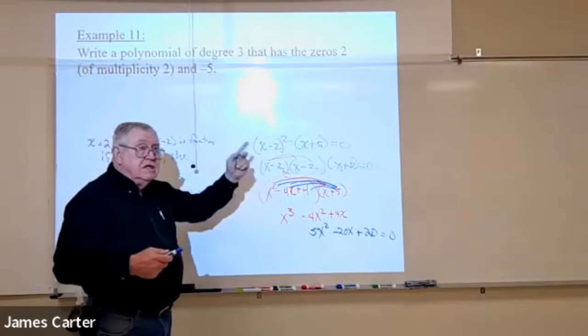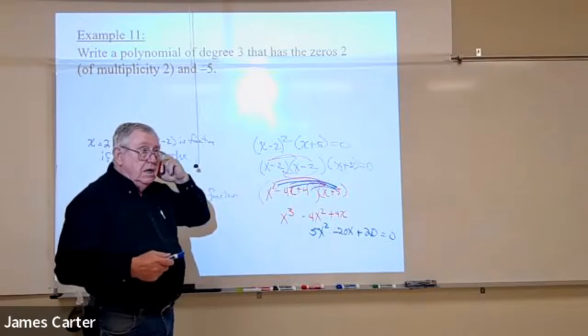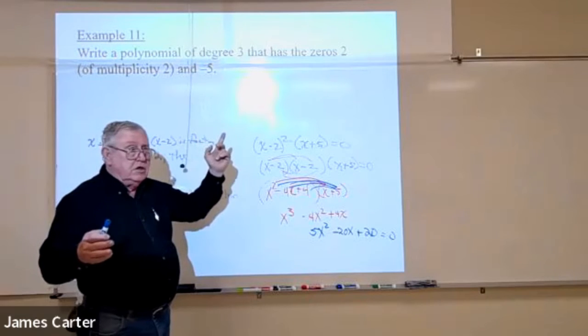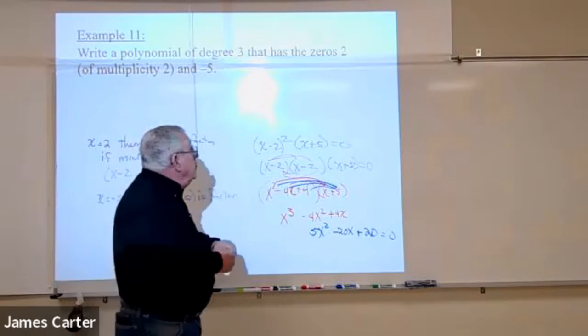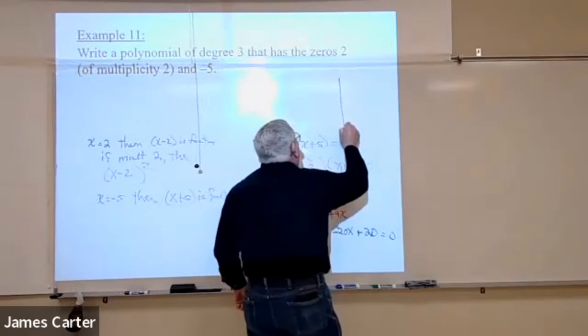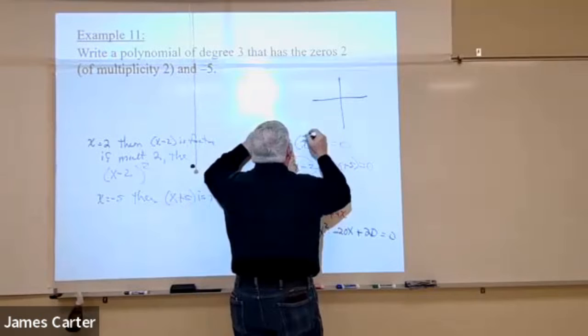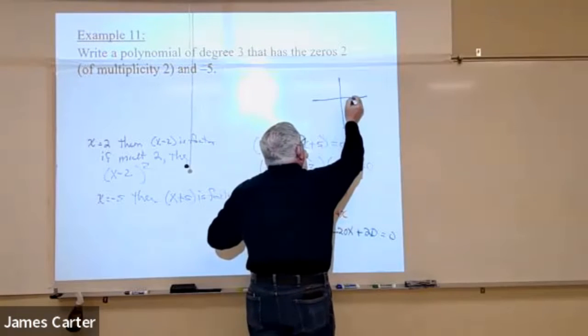Now, could we graph this thing? This doesn't ask us to do it, but can we? Because eventually you're going to need to anyway. Well, yes. This one gives you a factor of 2.